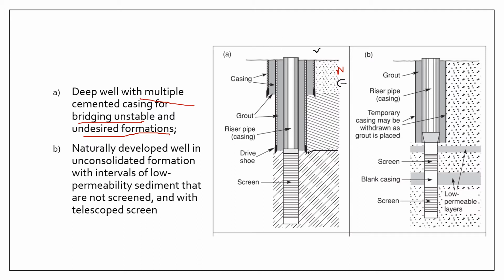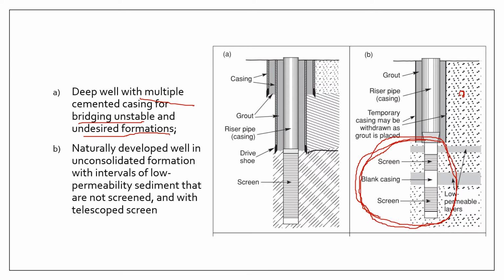All right, now the next diagram is showing you a more or less heterogeneous aquifer formation. Typically when we are dealing with wells in general, as a rule of thumb, the area that is screened is the bottom part of the aquifer.